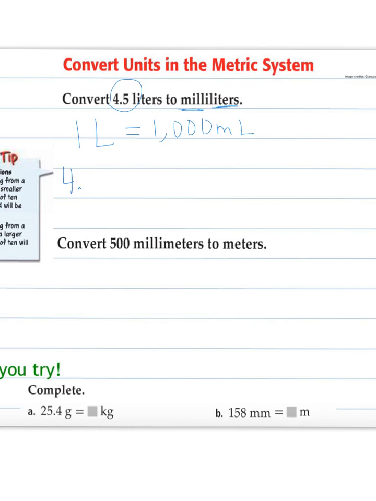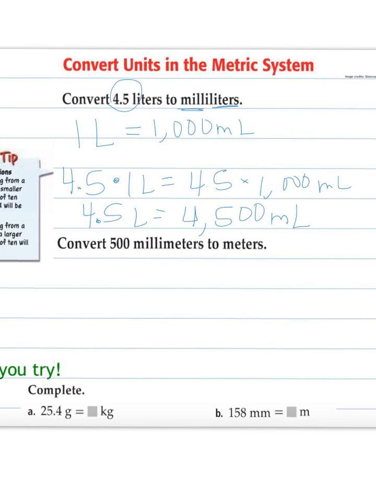So 4.5 times 1 liter equals 4.5 times 1,000 milliliters. So we have 4.5 liters equals 4,500 milliliters. And so that is our way of converting between liters and milliliters.